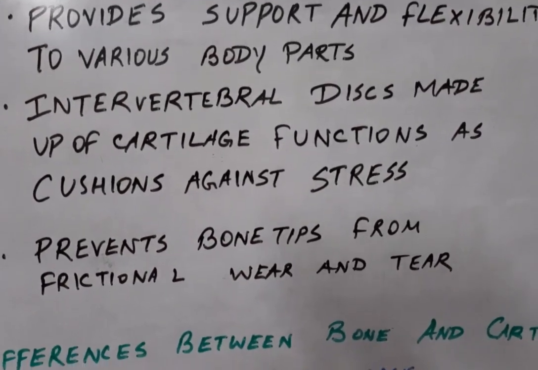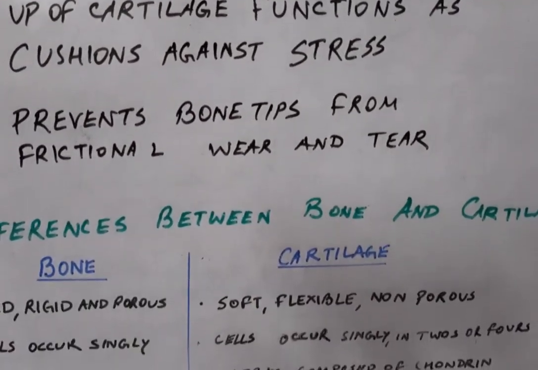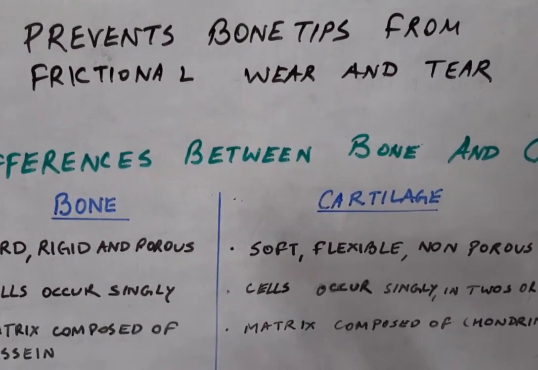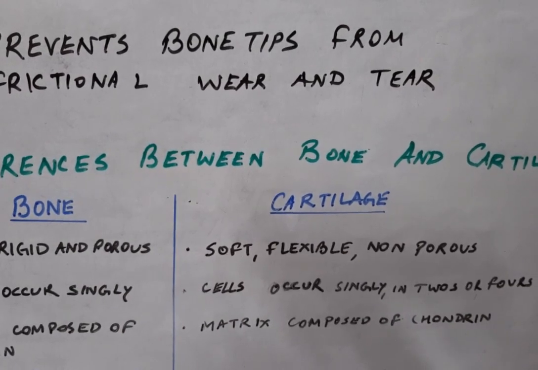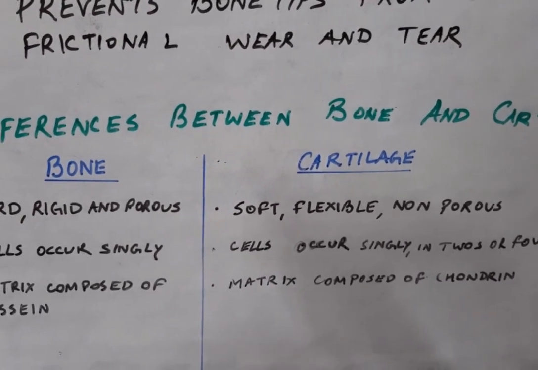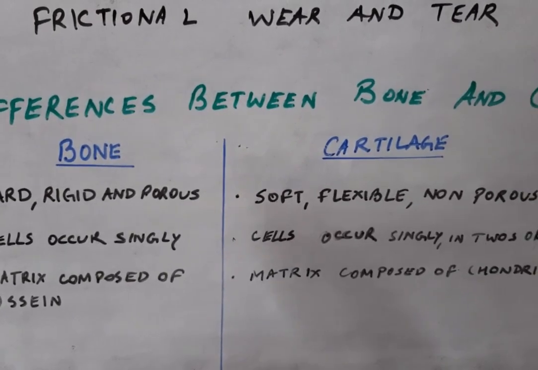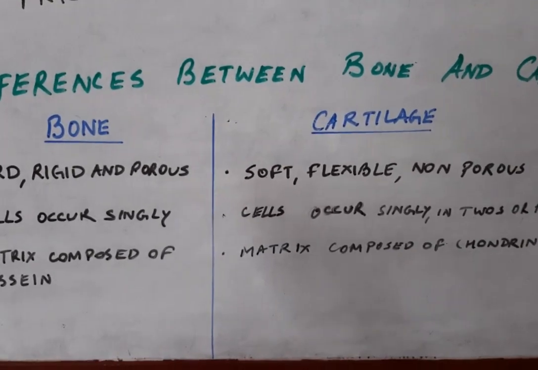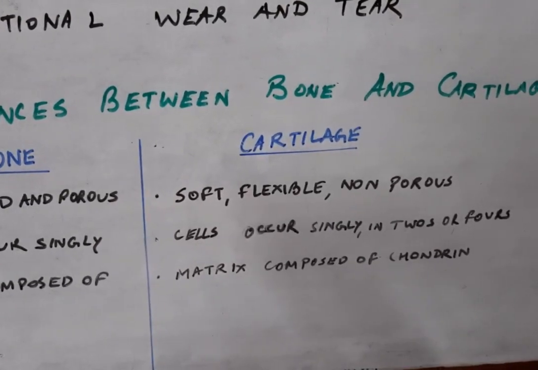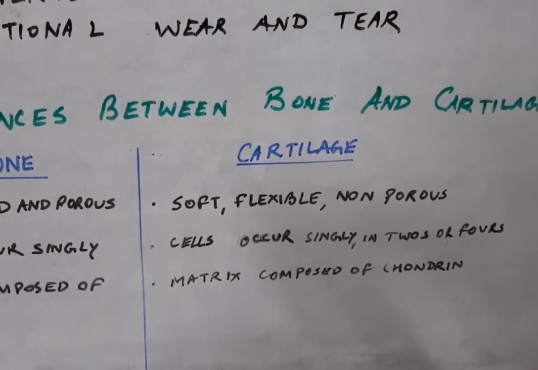Now have a look at the differences between bone and cartilage. As we know, bones are rigid, hard and porous, while cartilages are soft, flexible and non-porous. The second point of difference is that bone cells occur singly while the cells in cartilage occur singly, in twos or in fours.